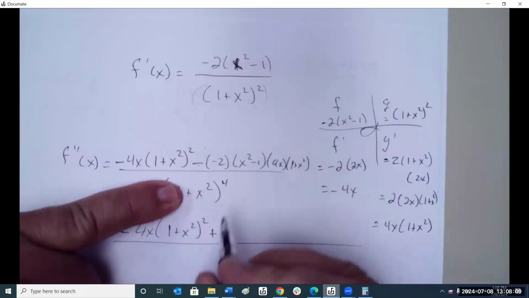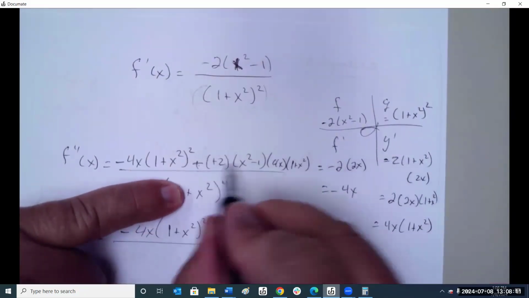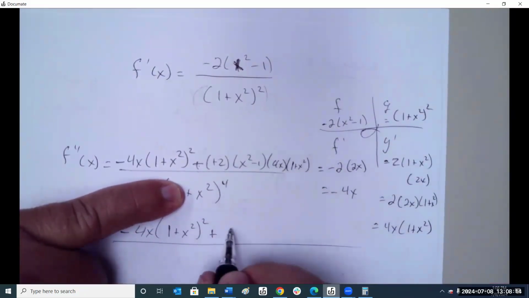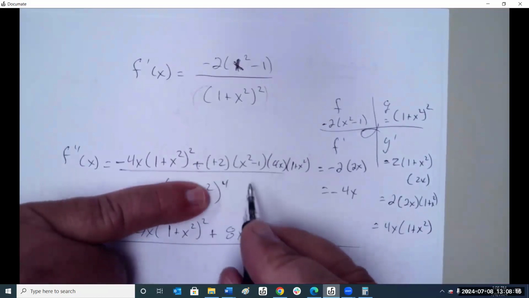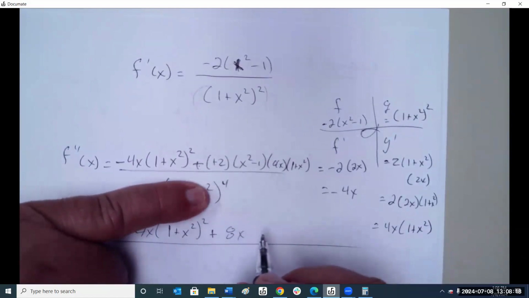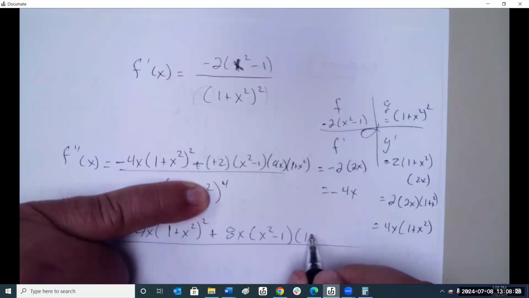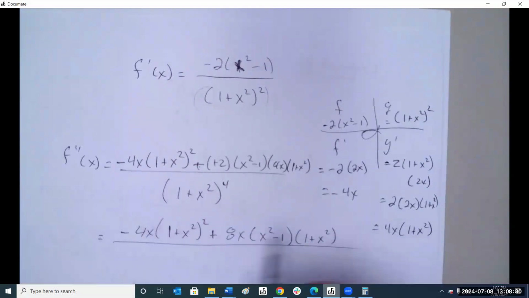Negative and negative becomes a positive. 2 times 4x is 8x. (x squared minus 1)(1 plus x squared).